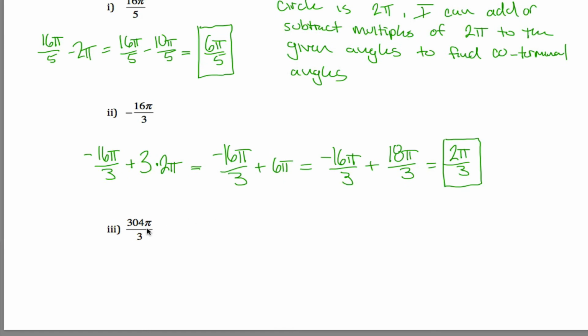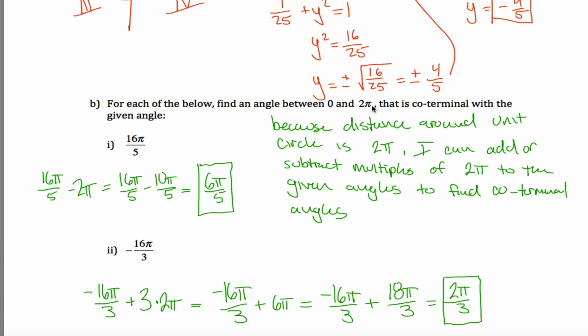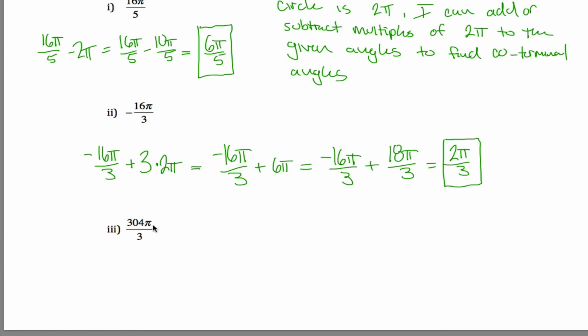This one here, this is nowhere close to this range. In fact, this is more than 100 pi. So what I can do is, I mean, you could subtract 2 pi and then 2 pi and 2 pi again, but instead, since you can subtract multiples of 2 pi, let's subtract 50 of these 2 pi's.